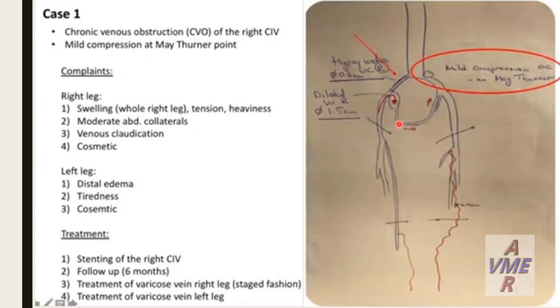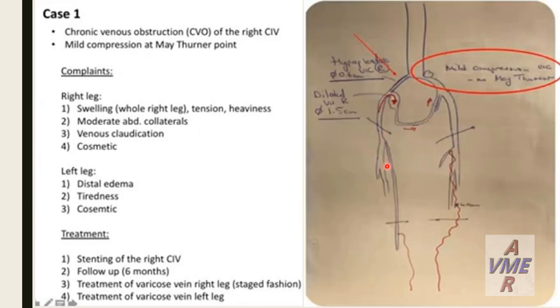The patient is complaining of right side swelling, tension, heaviness, moderate abdominal collaterals, venous claudication, and cosmetic concerns. But the left side has distal edema, tiredness, and cosmetic concerns. The first treatment is correction of the obstruction, stent of the right common iliac vein, and then follow up for 6 months.